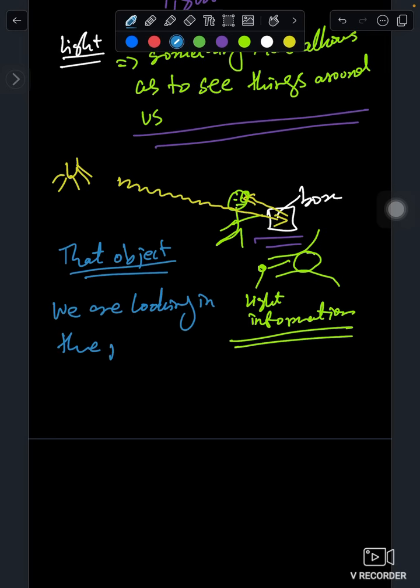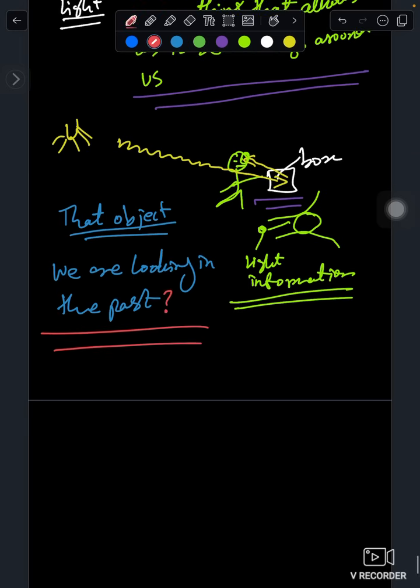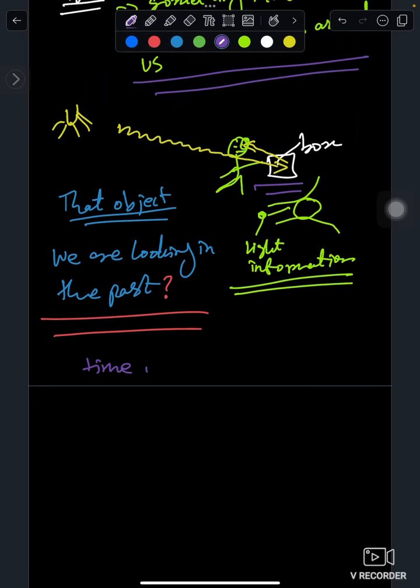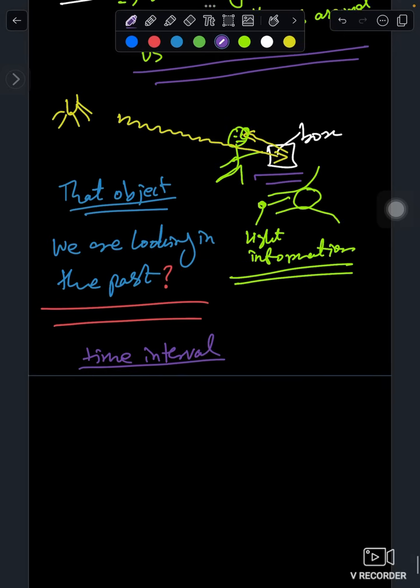Then, if we look at it this way, we can say that we are looking in the past. What do I mean by looking in the past? Even though the time interval is way too small, the gap is so little that we don't even feel it.